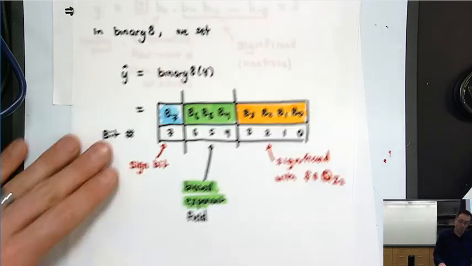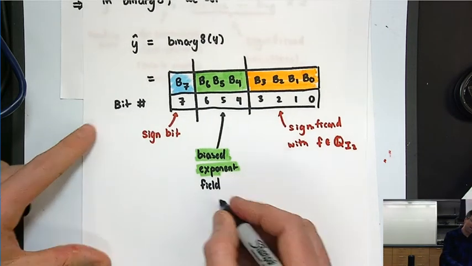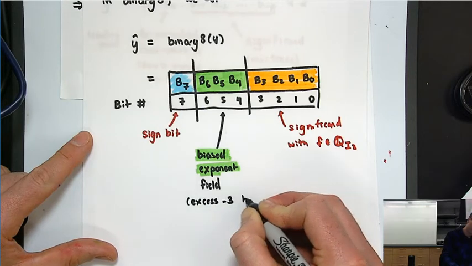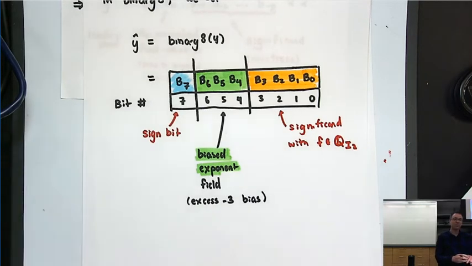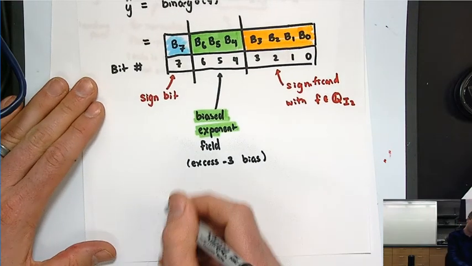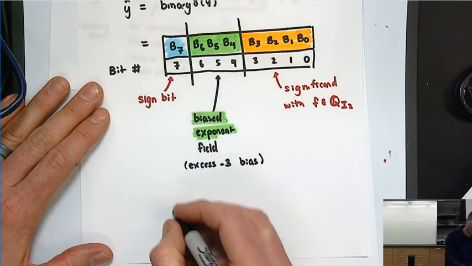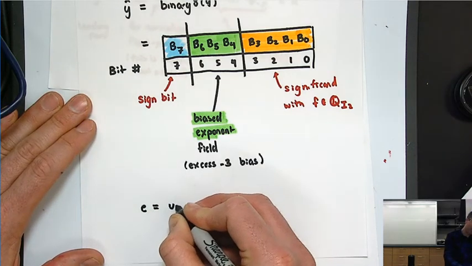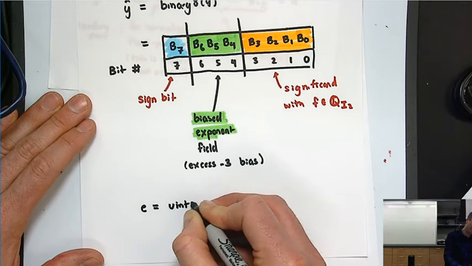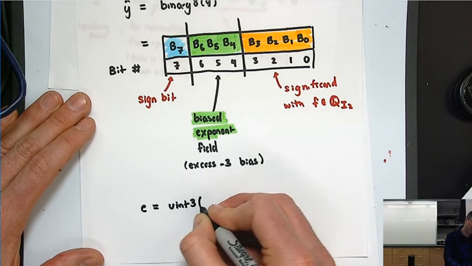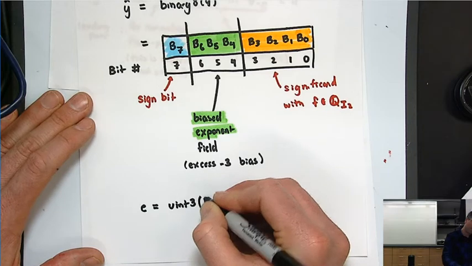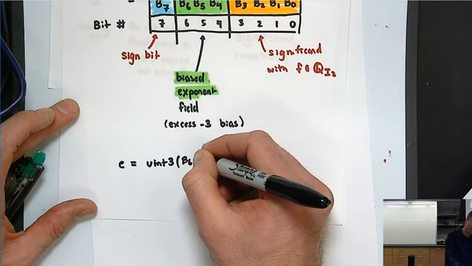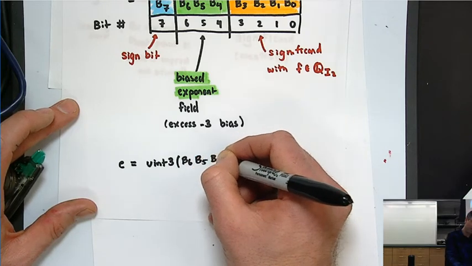One of the things that's really interesting about the biased exponent, we're going to call this excess-3 bias. So the way that this works is when we think about these strings, so if I thought about E and I looked at the uint, I guess it would be uint3, of B6, B5, B4.